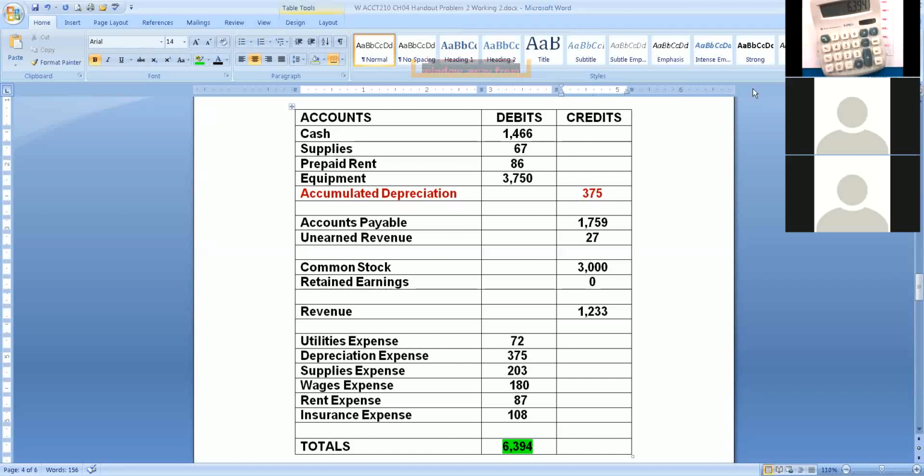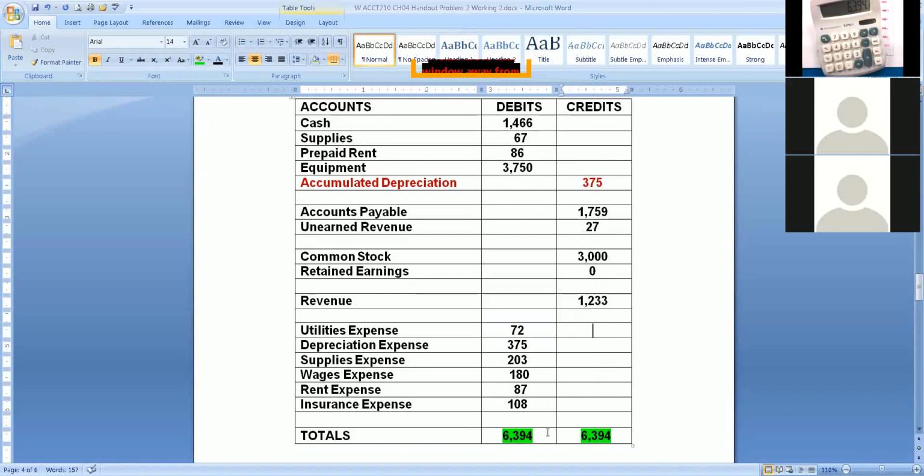Yay. Now it's not 100% certain that you did the books correctly if the trial balance balances, but it's a pretty good indication that it did.